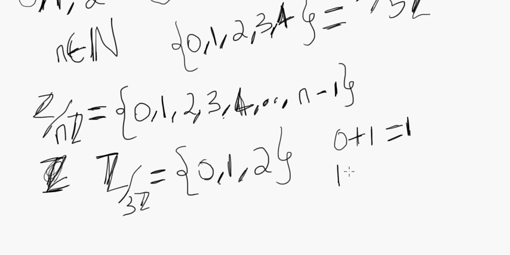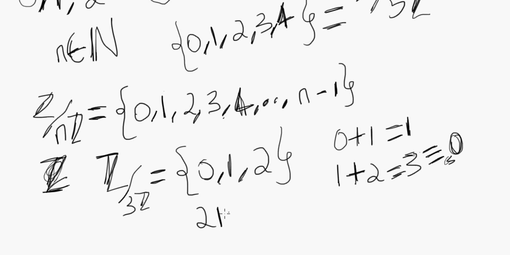For example, 1 plus 2 suddenly gives me 3. Notice 3 is not an element of the set, but 3 when divided by 3 gives me no remainder. That is, 3 divides 3, and so it falls into the bucket of things that have remainder 0. So 1 plus 2 becomes 3, which is congruent to 0 mod 3. When you're working mod 3, it really becomes 0.